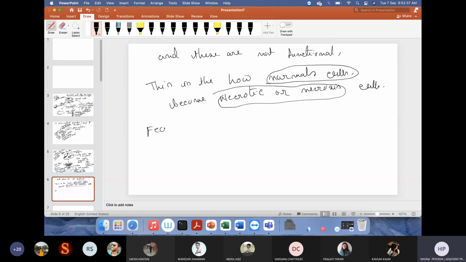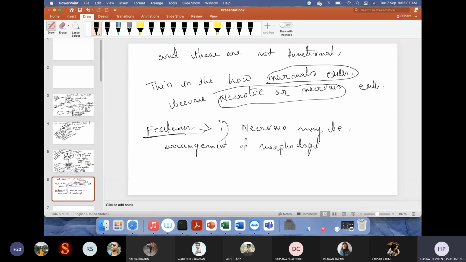So the main features of necrotic cells: necrosis may be an arrangement of morphological changes in the cells.